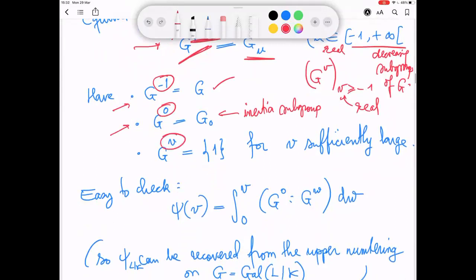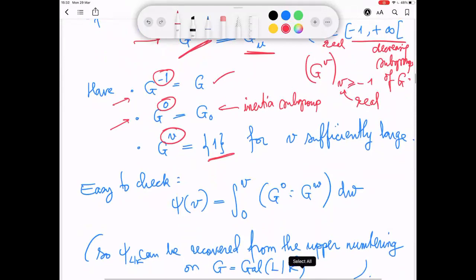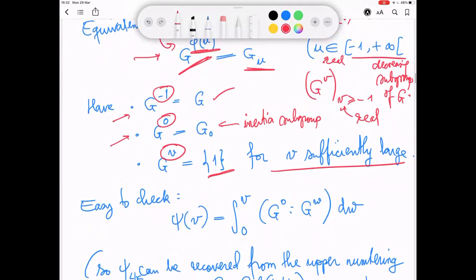And G upper V is trivial for V sufficiently large. That follows from the fact that G lower U is trivial for U sufficiently large.